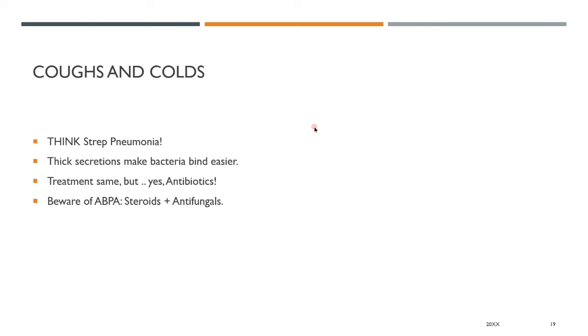Without diving into too much detail, strep pneumonia has a specific type of protein called penicillin binding proteins. These are the proteins that penicillins, or I should say all the beta-lactam antibiotics, bind to and inhibit bacterial growth, because these proteins are important in the cell wall synthesis of the bacteria.